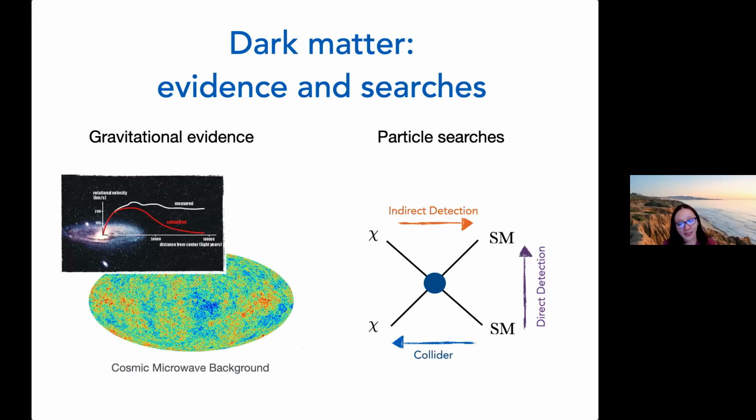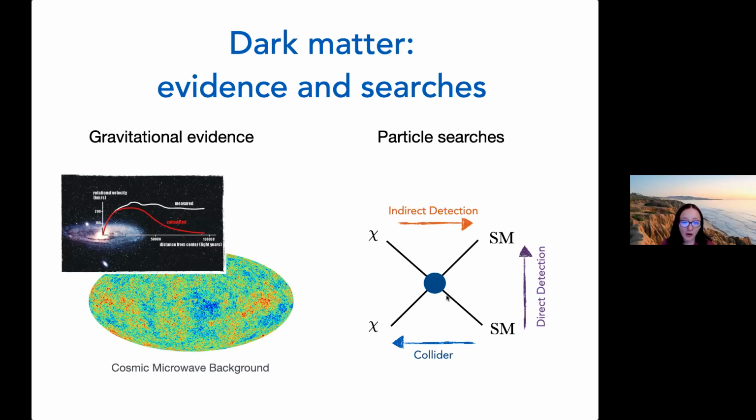And on a separate dimension, we're doing particle searches, meaning we're searching for the particle interactions of dark matter through indirect detection, collider physics, and direct detection, usually presented by drawing a particular diagram of dark matter interaction with the visible sector. And we want to use these particle searches to determine what this dark matter actually is.